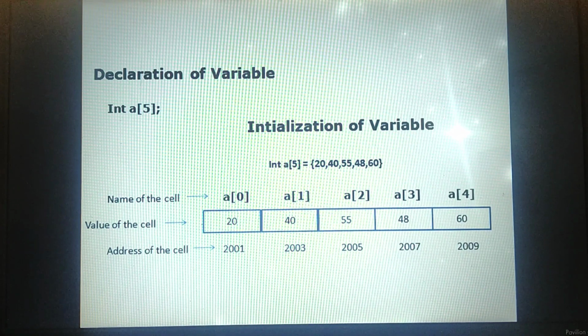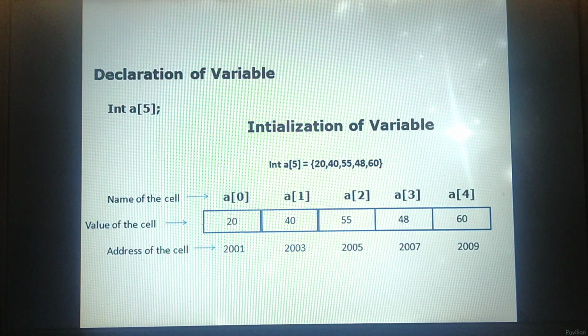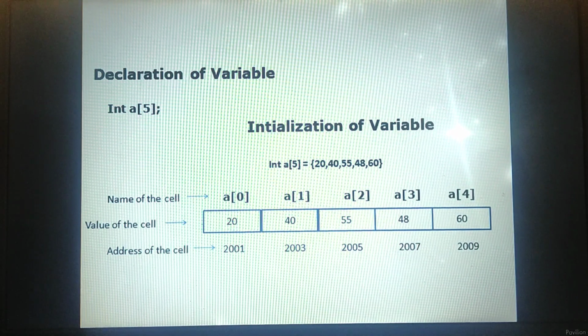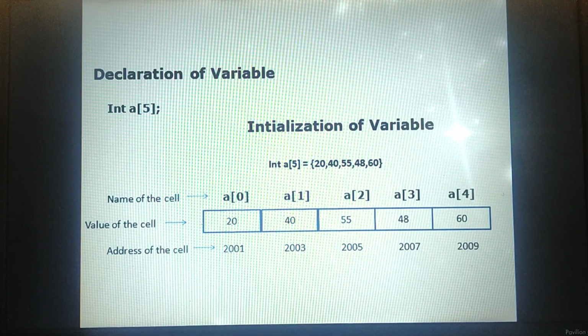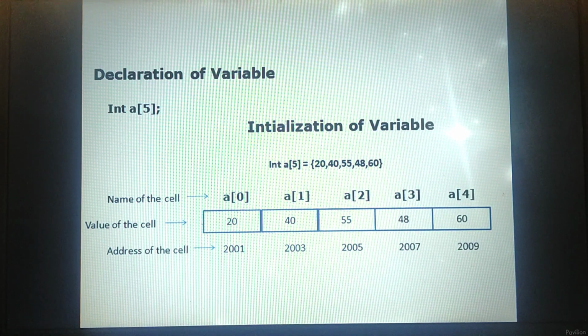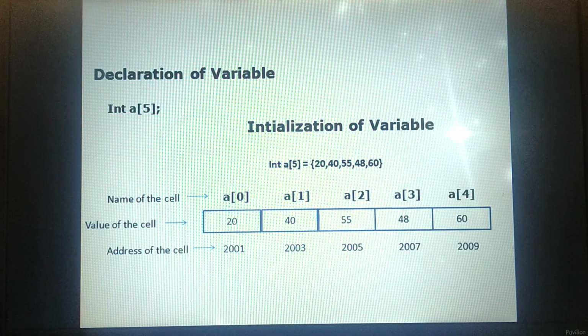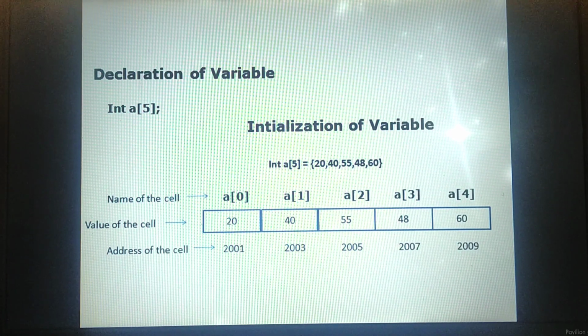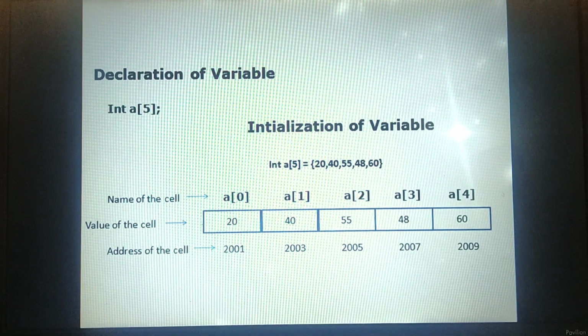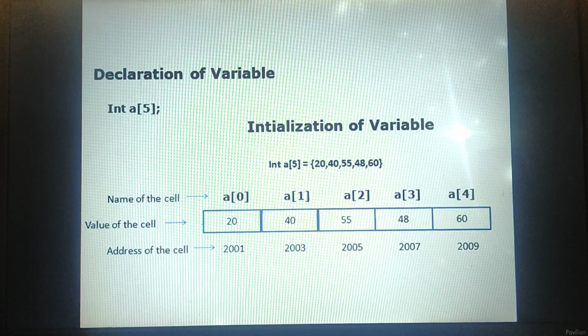How are they stored in the memory? They are stored in sequential order in the memory locations, which means side by side: 20, then 40, then 55, then 48, then 60, in a row-wise sequential order.